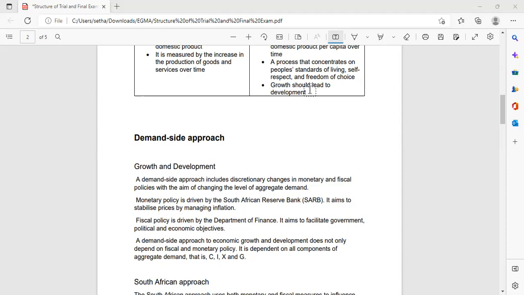The monetary policy is driven by the South African Reserve Bank and aims to stabilize prices by managing inflation. The current inflation target is between 3 and 6%. The fiscal policy is driven by the Department of Finance, which aims to facilitate the government's political and economic objectives.